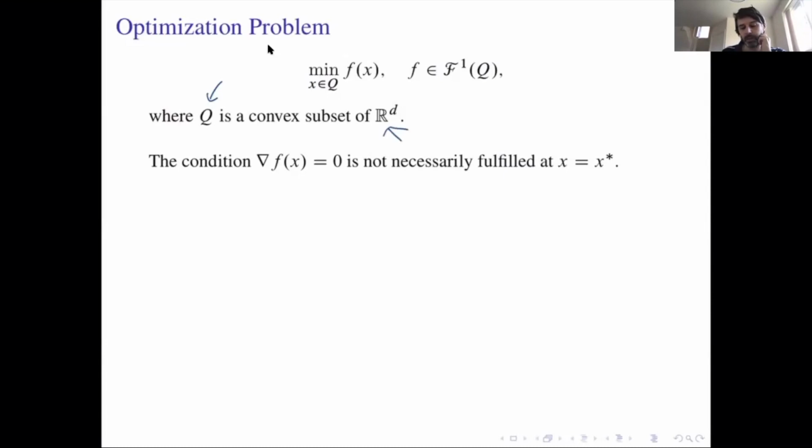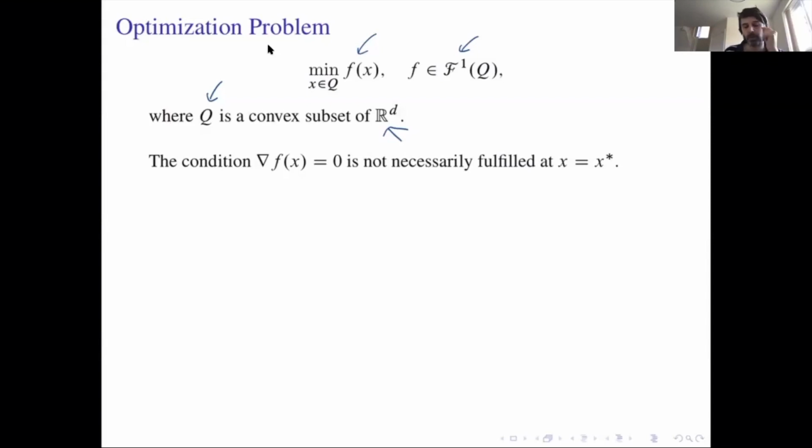We minimize a function over Q, so that is f here, and f lies, I think I've defined this earlier, but not said this. So this is a convex function, which is one-time continuously differentiable acting on Q. So we're looking for a minimum of a convex function, which is continuously differentiable over a convex set Q.